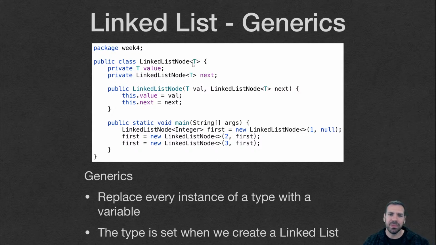So that's our type parameter list, and wherever we use that type parameter, we're going to put T instead of any other type. And when we use this code, we're going to create not just a linked list node, but a linked list node of integers.